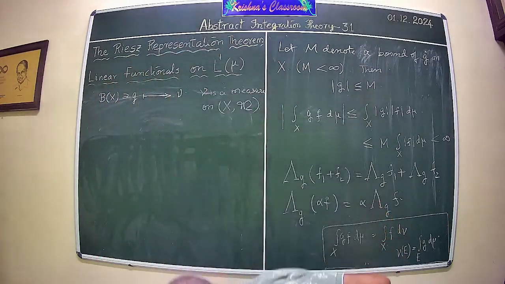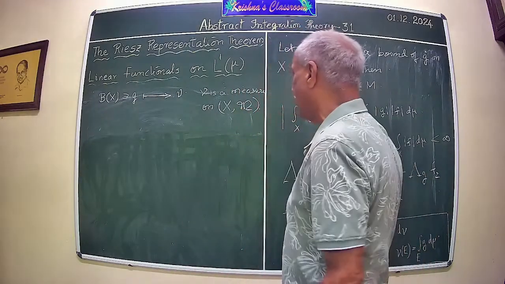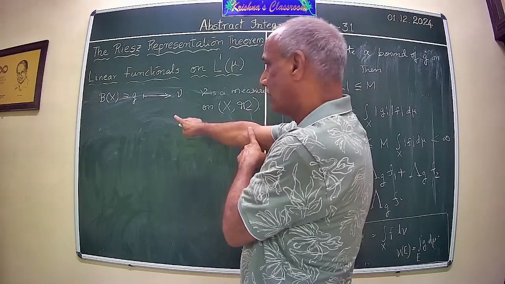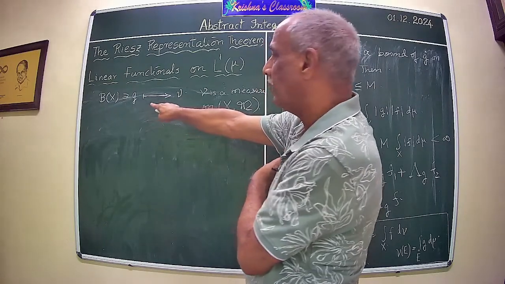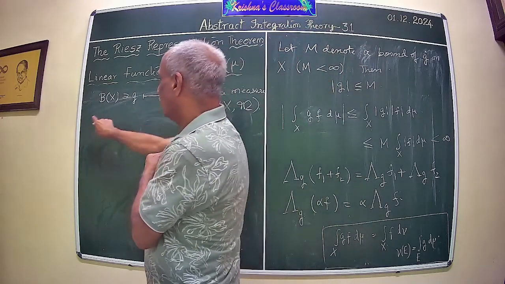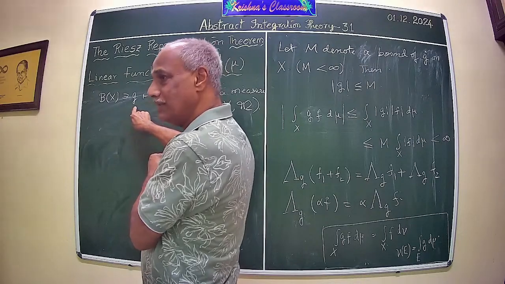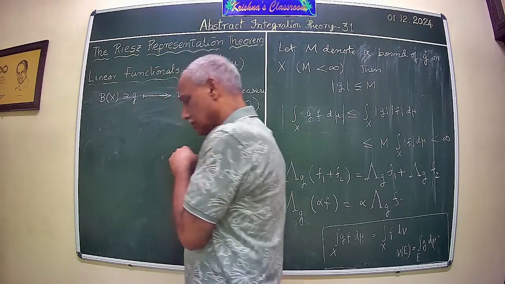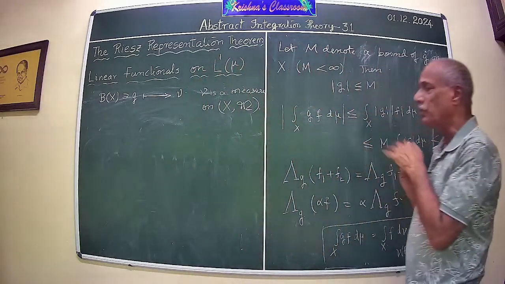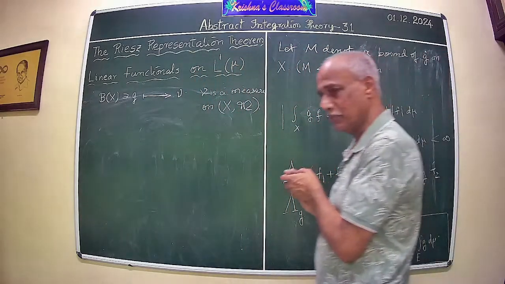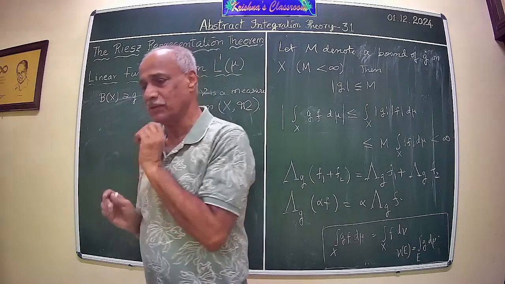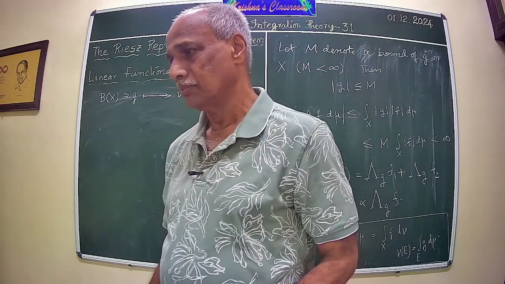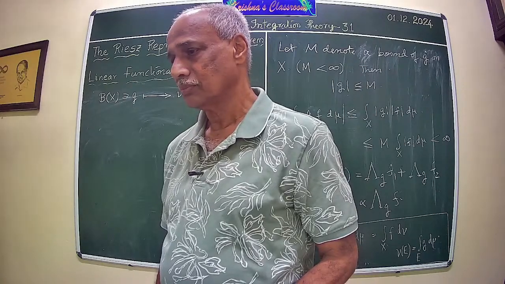So we will be trying to find out, given a measure, an appropriate G, so that lambda G is a bounded linear functional on L1. So this is what we are up to.